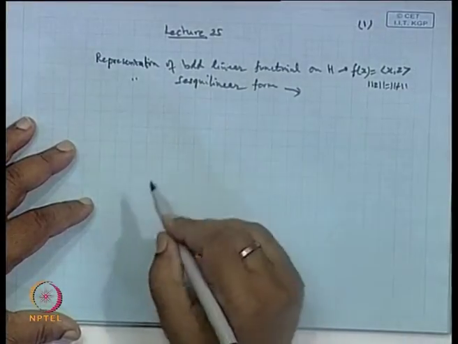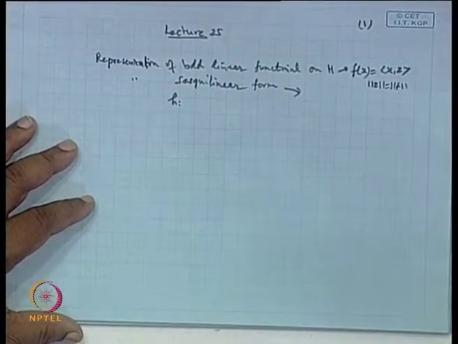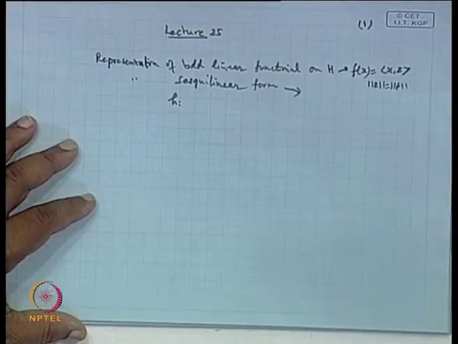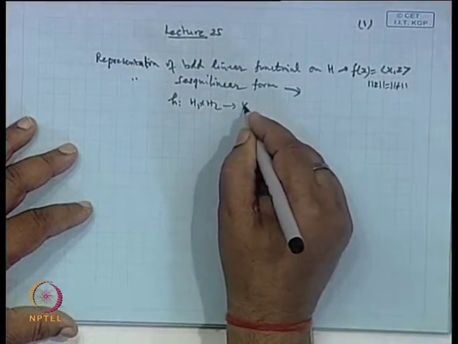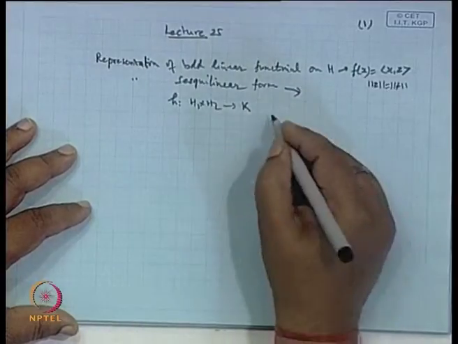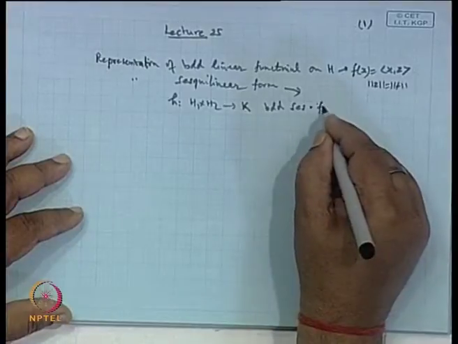Similarly, for a sesquilinear form, H1 and H2 are two Hilbert spaces, and h is a mapping from the Hilbert space H1 cross H2 to K, a bounded sesquilinear form.